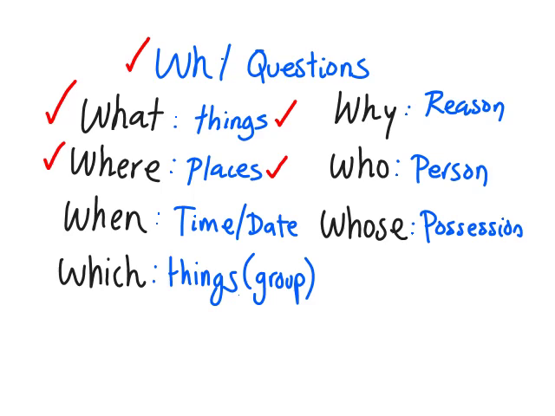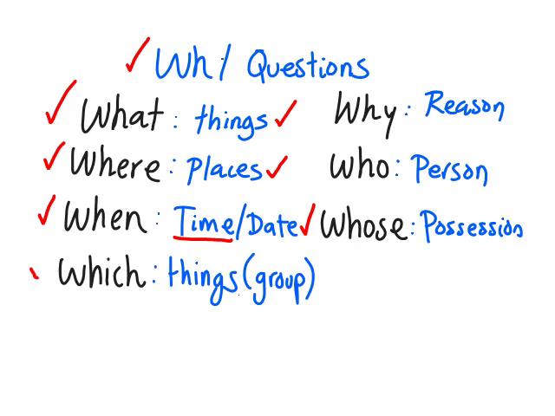When we ask with when, we're asking for time or date. For example, when is your birthday? Well, my birthday is on February 18. Or we also ask about time, like when is the game? Or what time is the game? But well, it can also be used like that.